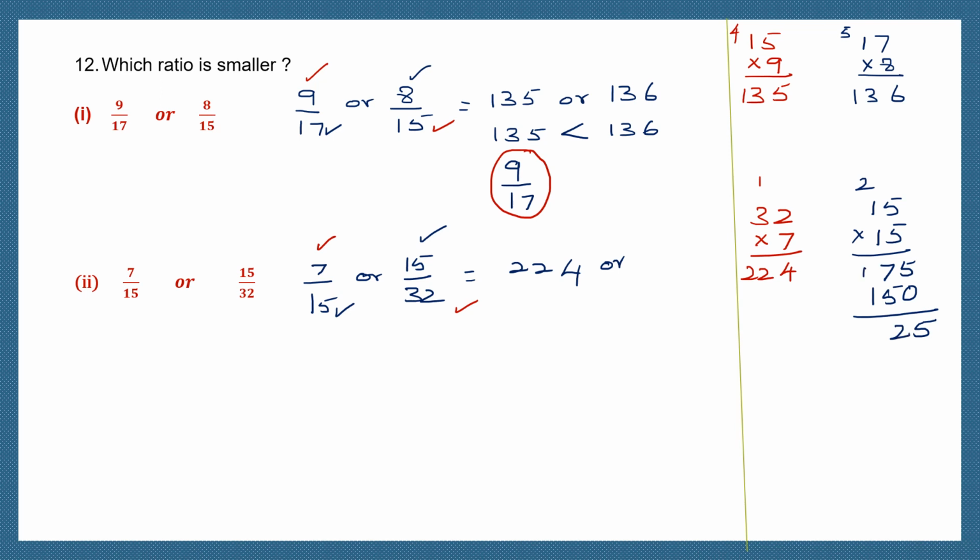Carry 1. 1 plus 1 is 2. 225. So which is the smaller one? 224 is smaller. 224 is smaller than 225. That means the first fraction, 7 by 15, is the smaller one. So this is my answer.